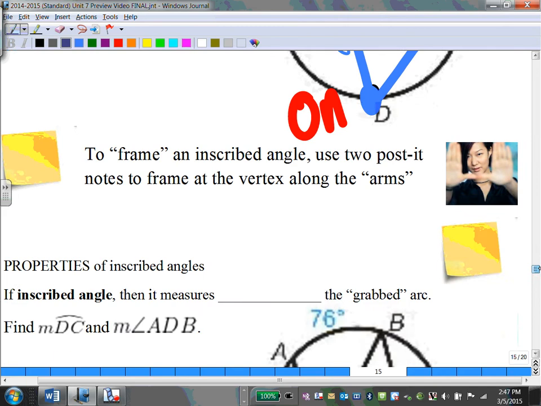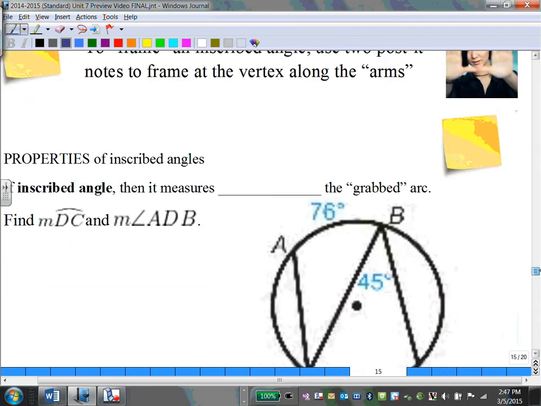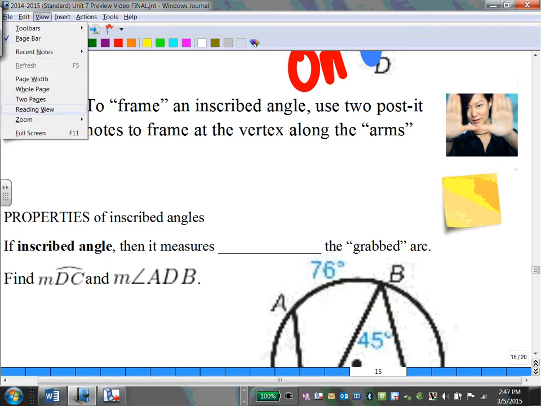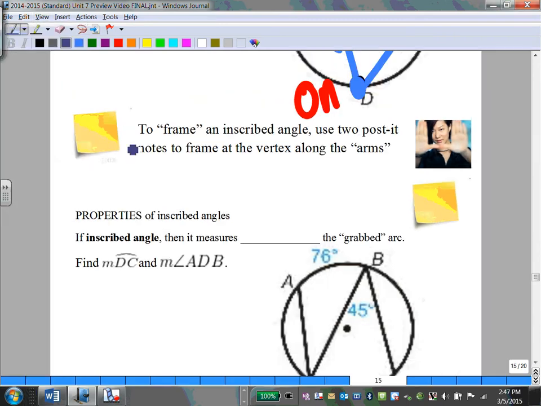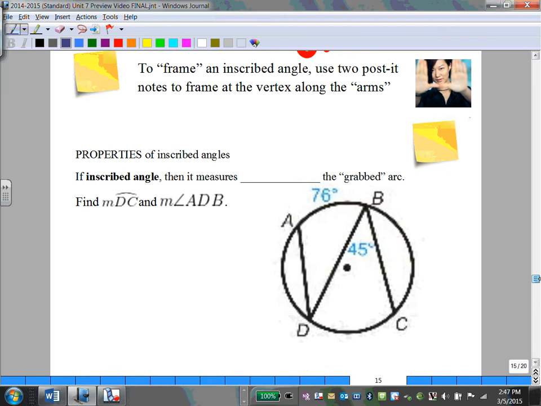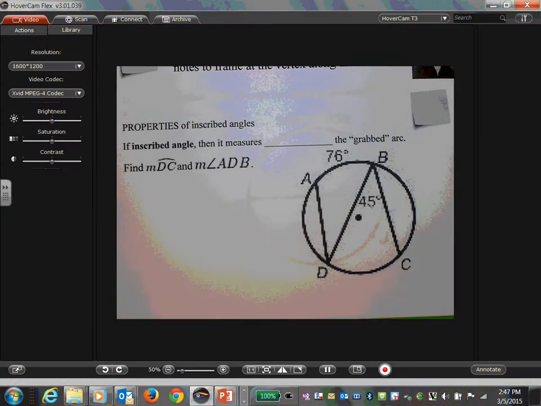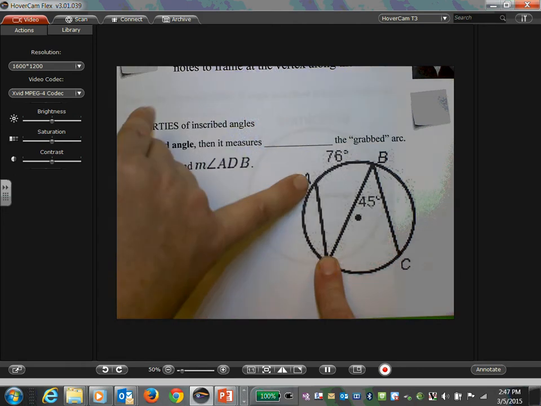Now I'm going to teach you the absolute most important skill when it comes to inscribed angles, and it's called framing with post-its. So get your post-its handy. Ready? When I ask you to frame an angle, it's going to look like this. If I ask you to frame the angle ADB, there's D, there's ADB.